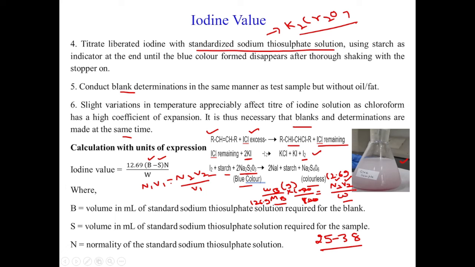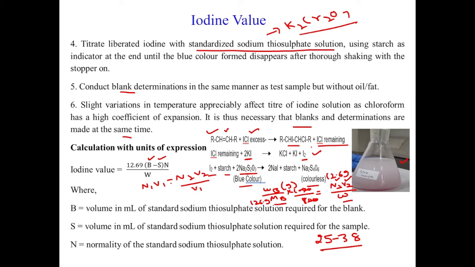Here, once more I would like to tell you what is happening exactly. For the blank, since there is no unsaturated fatty acid, all the excess iodine we will be titrating with sodium thiosulfate. But for the sample, some will have reacted with the sample, that is the unsaturated bonds, and the remaining will be there. So for the sample we calculate the remaining using sodium thiosulfate.